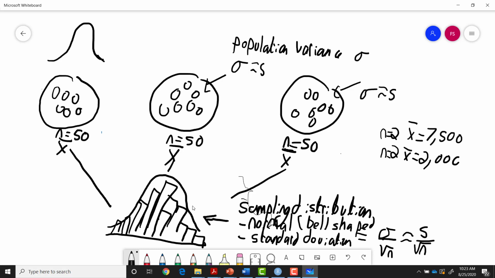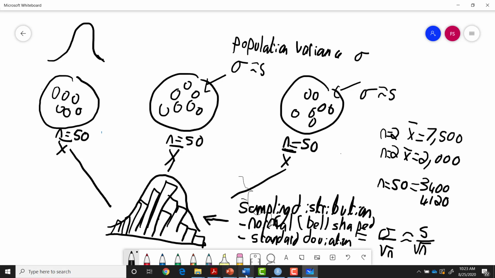But if I took, say, n equals 50, it's unlikely I'm going to get 50 football linemen. So my numbers are going to be much closer to the overall population mean. So as the sample size goes up, the variance of the sampling distribution goes down.